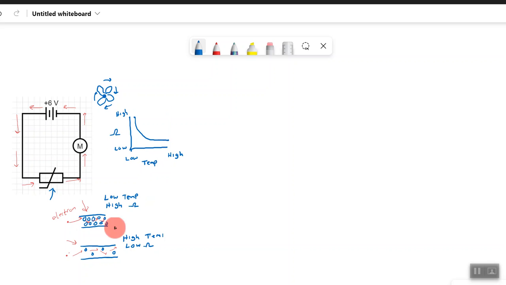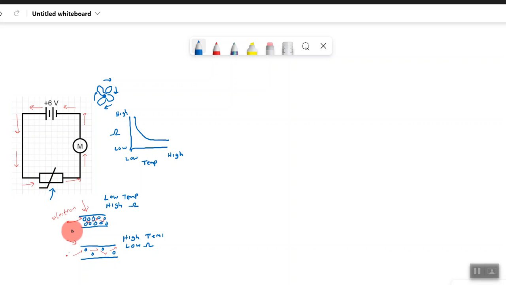So what this circuit basically does is this light or temperature dependent resistor allows the circuit to sense the environment. If it's too cold, it doesn't let enough electricity flow through the circuit to turn the fan on, so the fan is off.